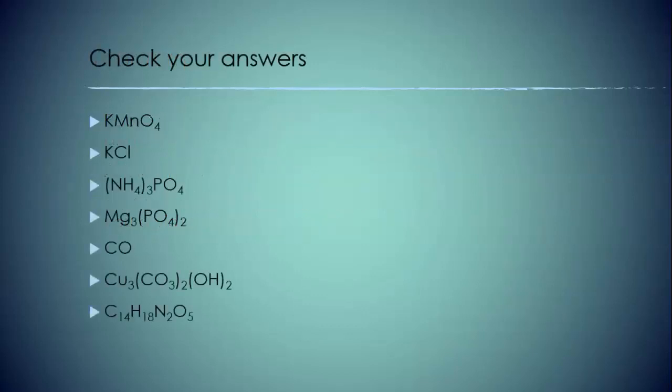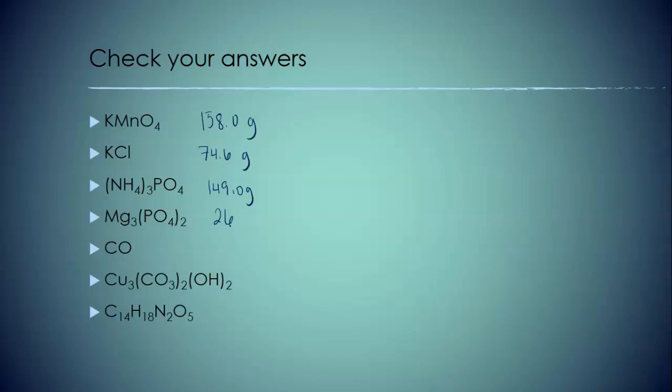Now, if you've already done this, I'm getting ready to write the answers. So here's what I came up with for KMnO4, and hopefully I did all of these correctly in my haste to get this done. This one would have a mass of 158.0 grams. KCl would be 74.6 grams for a mole. The next one, NH3PO4, would be 149.0 grams.